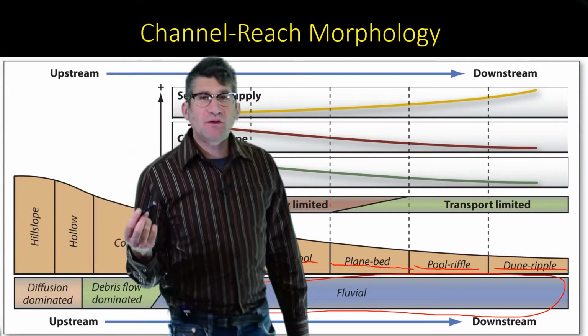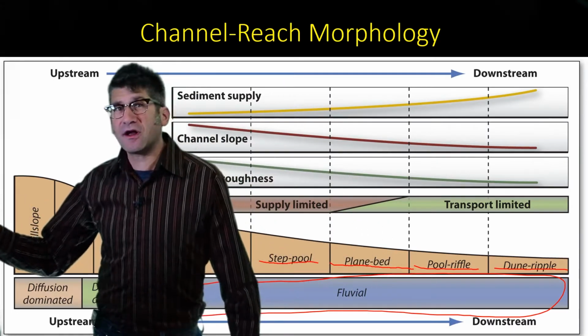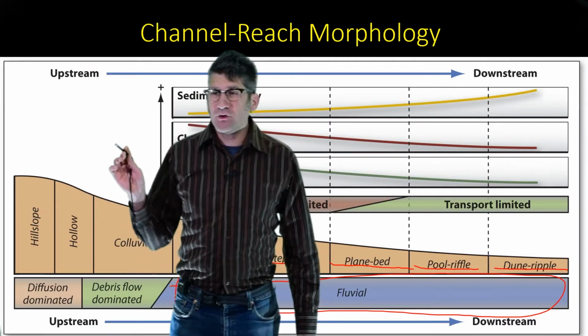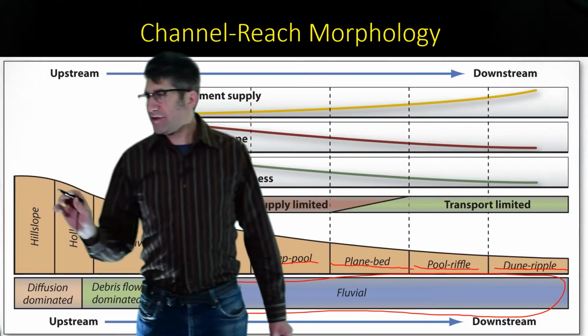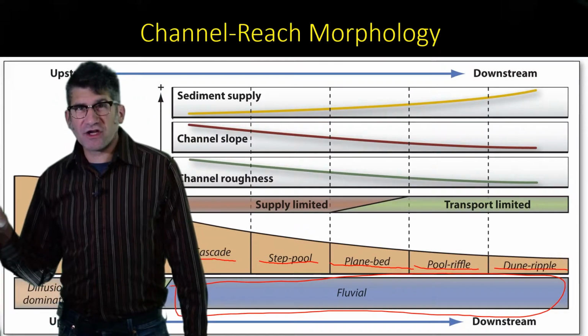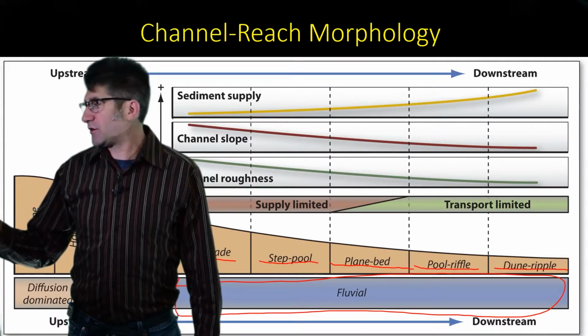And what we generally see is a consistent change in the sediment supply, the channel slope, and the channel roughness as we move down the fluvial network. At the top of the drainage basin, in our steep mountainous terrain, our sediment supply is generally low.